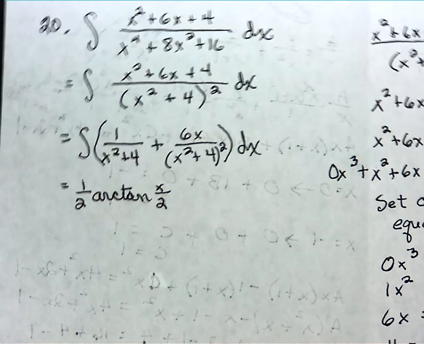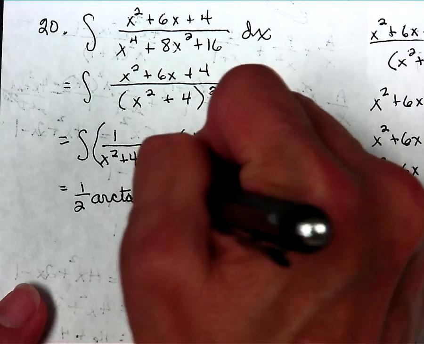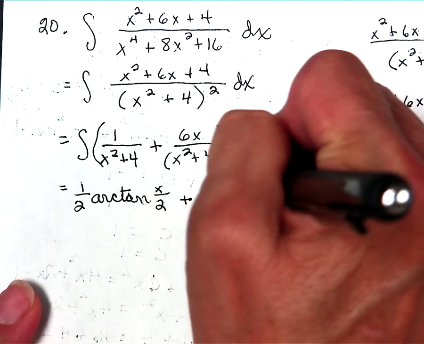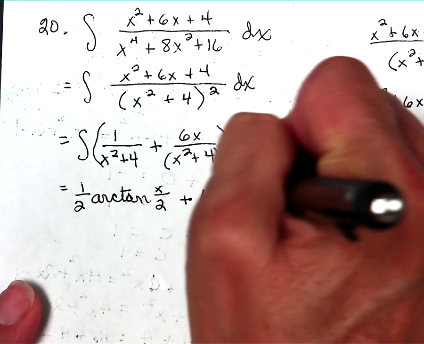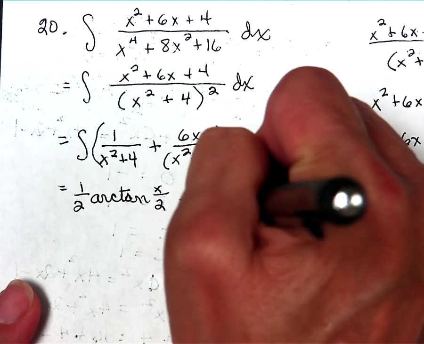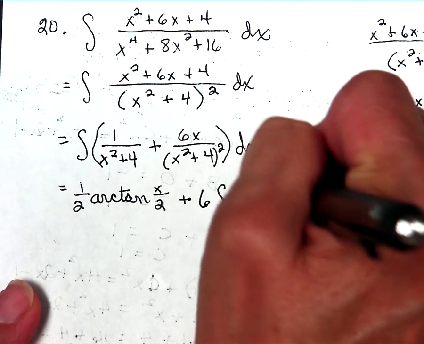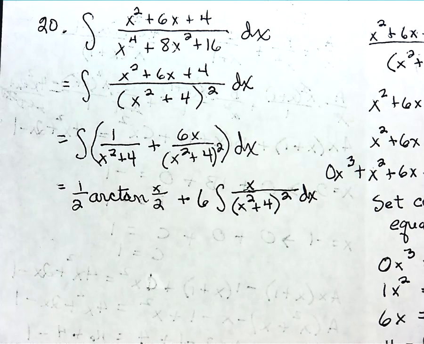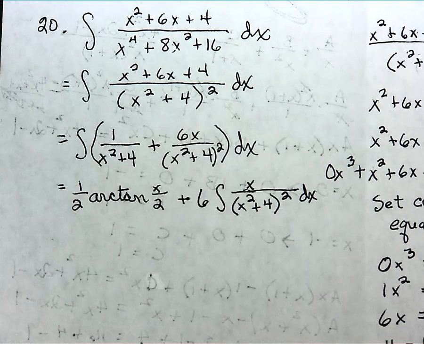And then I'm going to say plus 6 times the integral of x over x squared plus 4 squared. And maybe you didn't need that step. Maybe you could go ahead and integrate. But I thought I could integrate better if I got that 6 out of the way.